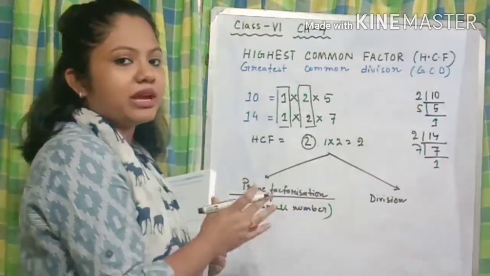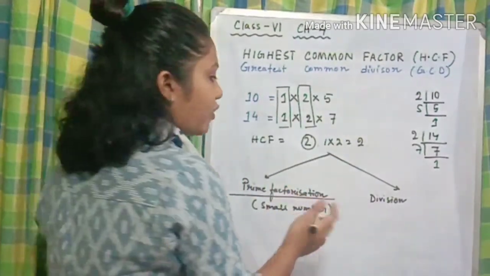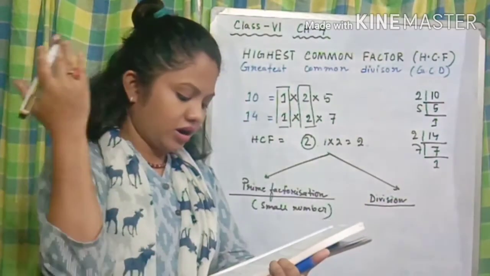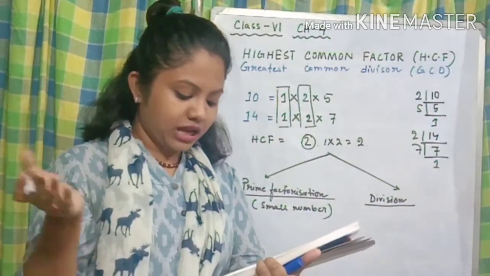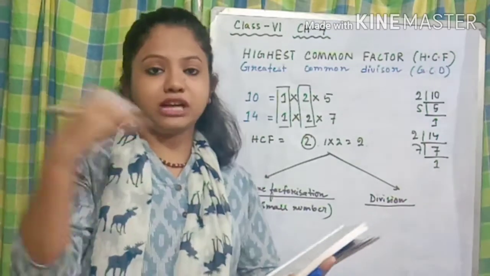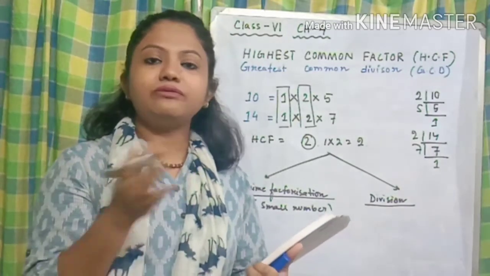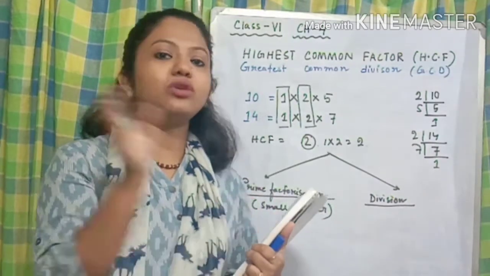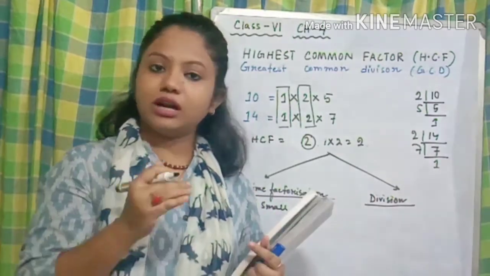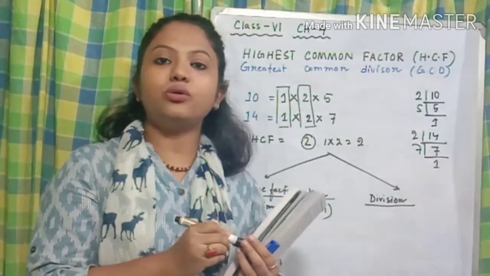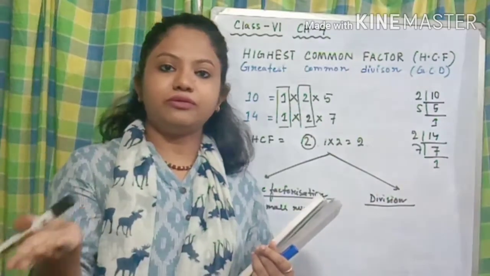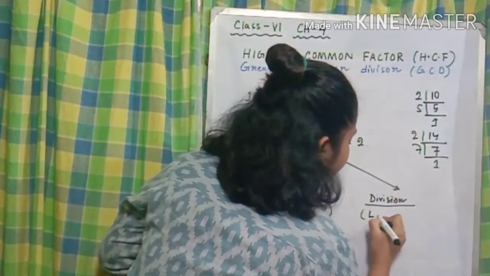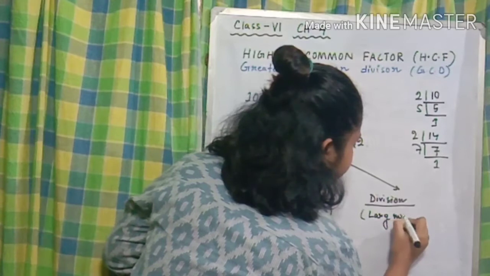While for bigger numbers like 36, 150, or even bigger, you can use whichever method is suitable for you. I am going to show both of them and you have to learn both, but ultimately you are going to apply either of them for your sum. For the division method, we generally use it for large numbers.